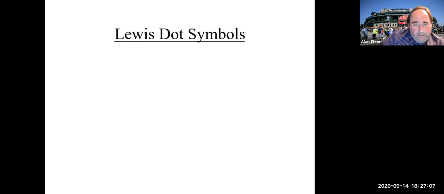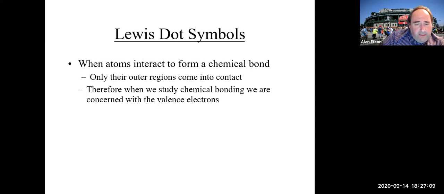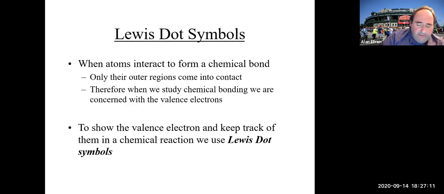And we do show bonding using Lewis dot symbols, and these are sometimes referred to as electron dot symbols. So electron dot symbols, Lewis dot symbols, kind of the same thing. When we talk about bonding, it's only really the outermost electrons, which are those valence electrons.